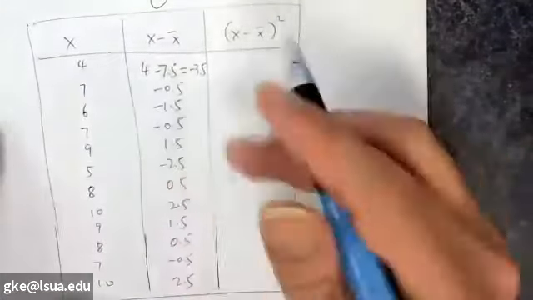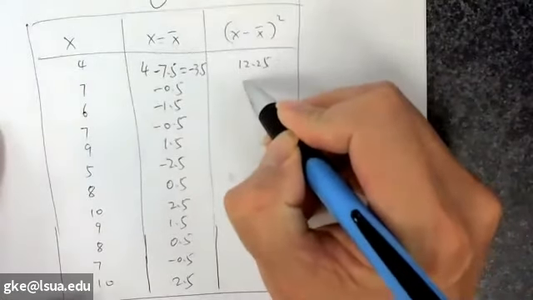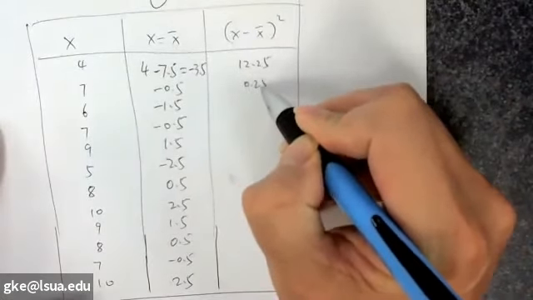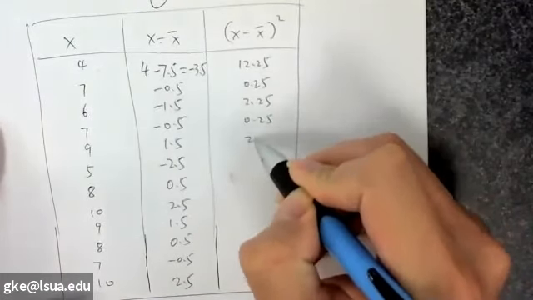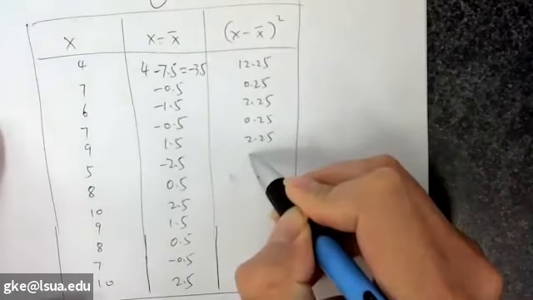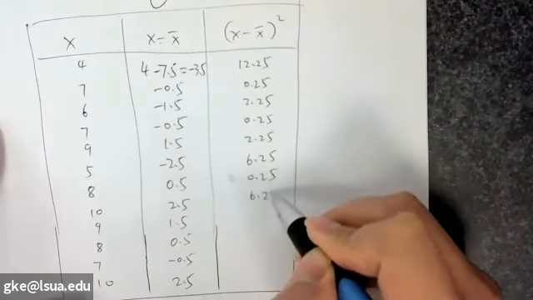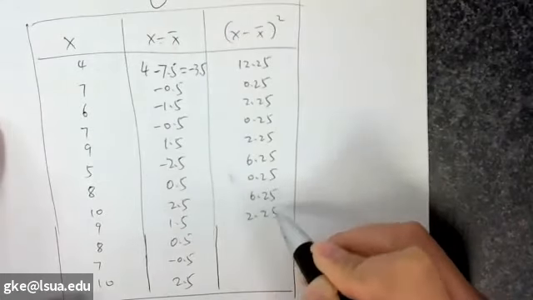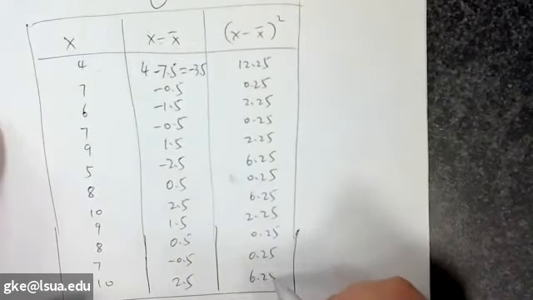And then do the square. We're going to get 12.25, 0.25, 2.25, 0.25, 2.25, 6.25, 0.25, 6.25, 2.25, 0.25, 0.25, 6.25.